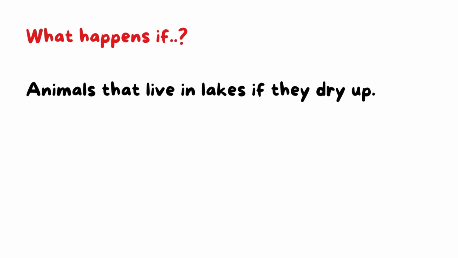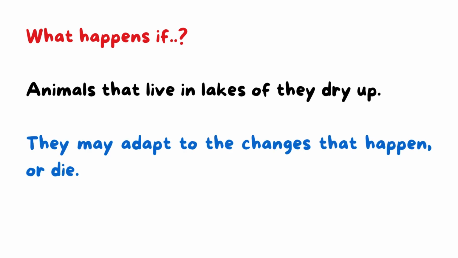Here we have another question. What happens to animals that live in lakes if they dry up? Like many animals, we have frogs and salamanders that live in lakes. So what happens to those animals if this lake dries up? Yes, they may adapt to the changes that happen, or die.